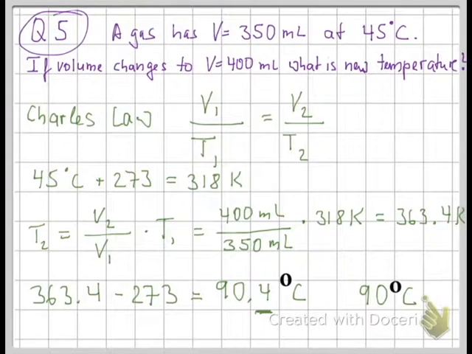It has this offset. So if you look at the Kelvin temperatures, it's not doubled. You went from 318 degrees Kelvin initially to 363. That's why it's super important: when you deal with temperatures, you have to work in Kelvins. Alright, so that would be question 5.